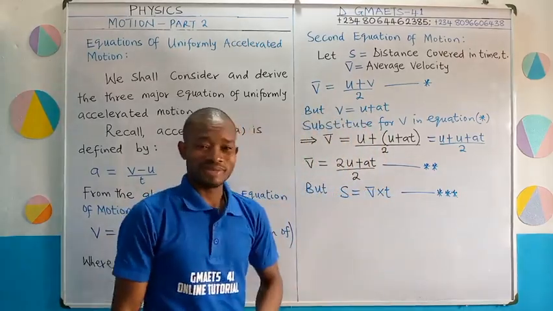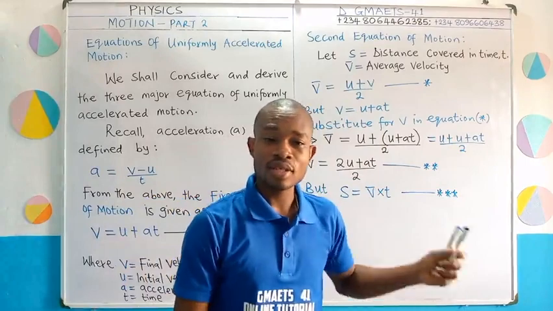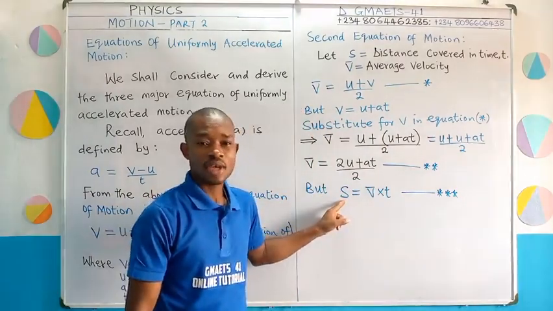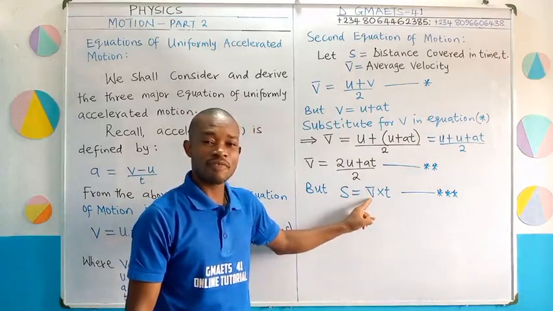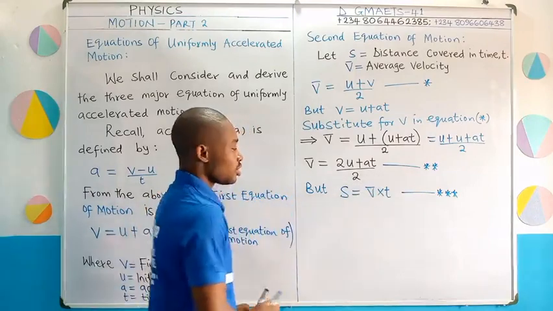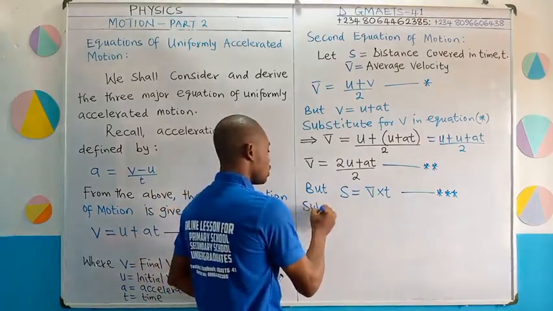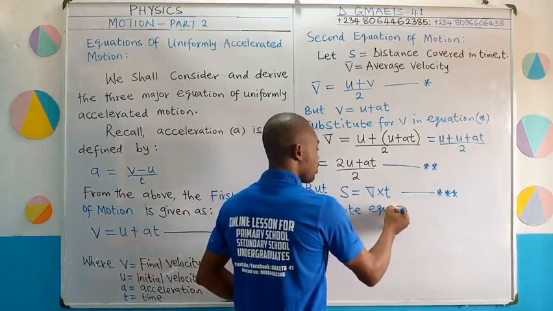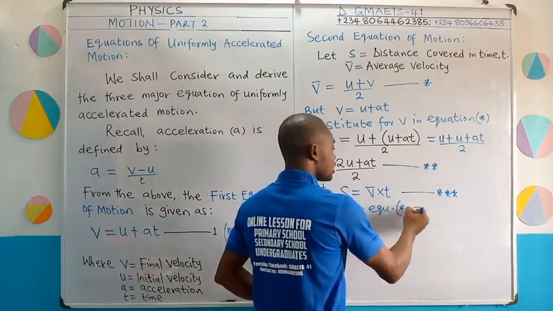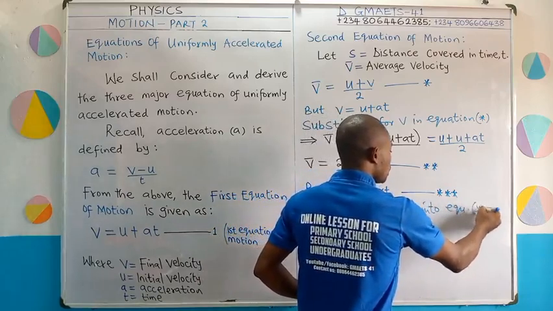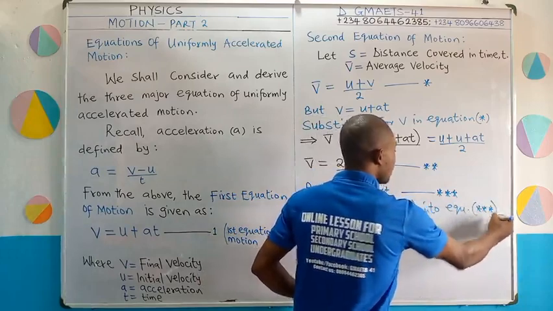So what do I do? In this equation star, star, star, which now gives me the value of the distance s, I am going to replace the value of this average velocity with equation star, star. So I will now say substitute equation star star into equation star star star.